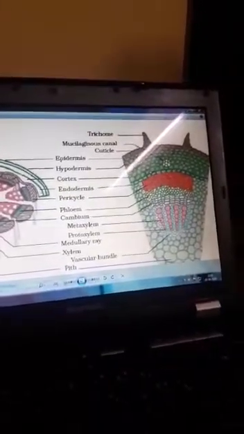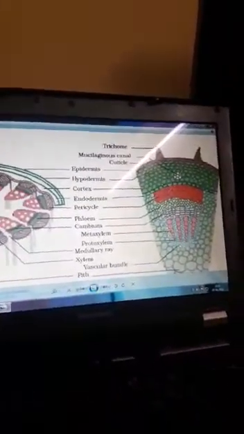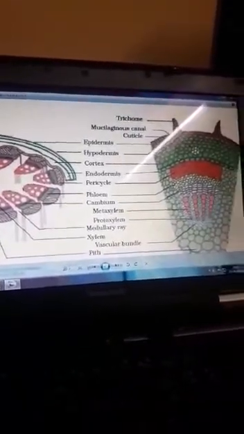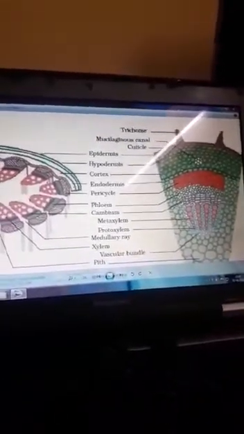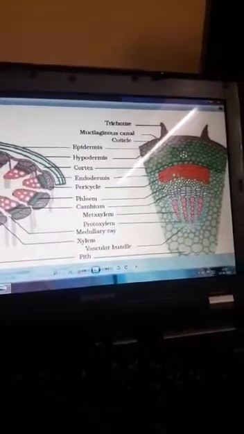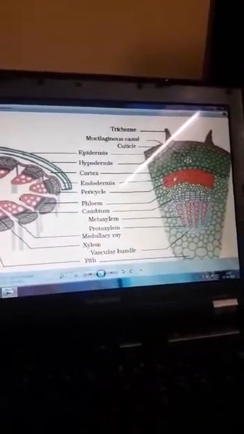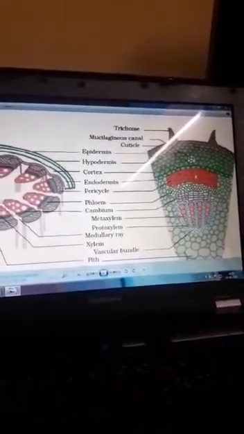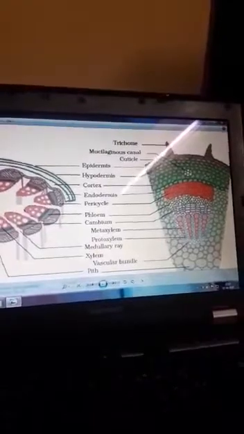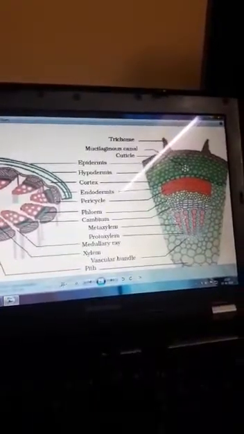And this is a representation of a single vascular bundle, where you can see the phloem, this green part. Above this is sclerenchymatous tissue, the pericycle, with some sclerenchymatous cells, and this green one is the phloem, and these are xylem cells.